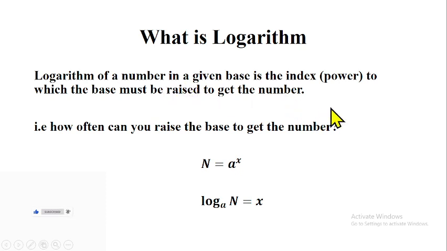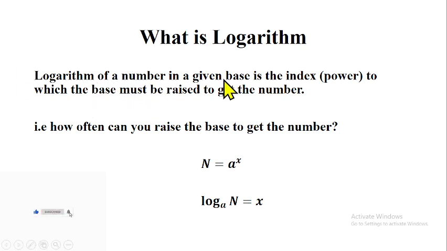So if I write a logarithm and I did not put any base, that means it's automatically in base 10. Every logarithm you are going to be working on must be in a particular base. It could be base 10, base 2, base 5, any base that you can think of. But you must know that if you are given a logarithm and they did not put any base, it is automatically in base 10. You must know that as a student.